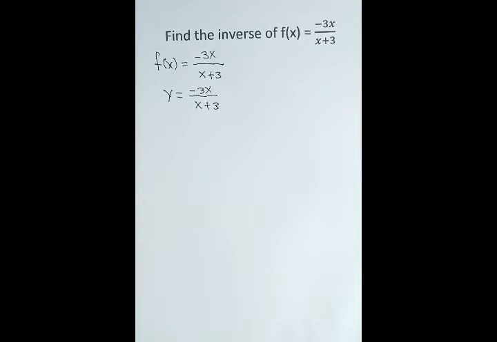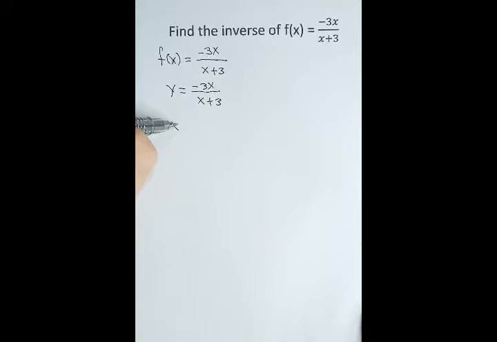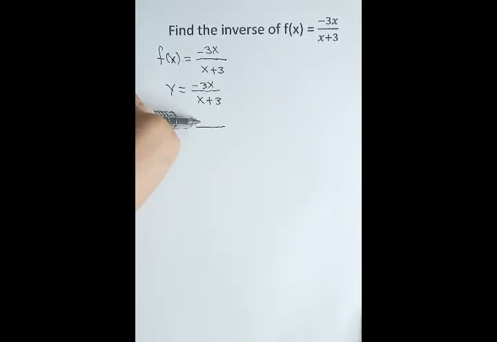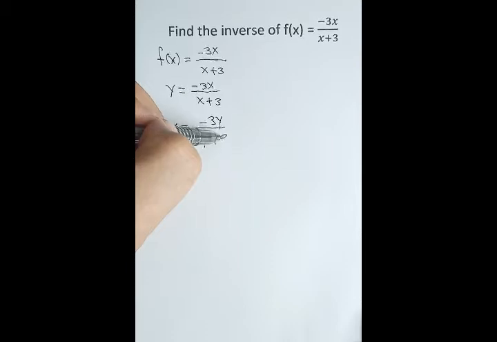And then atong i-swap. Instead of y, variable x, and then instead of x, variable y. So mahimo ni siyang x is equal to negative 3y over y plus 3.